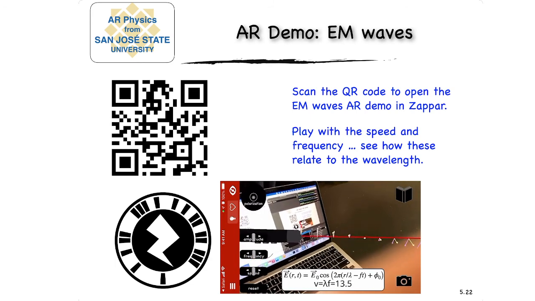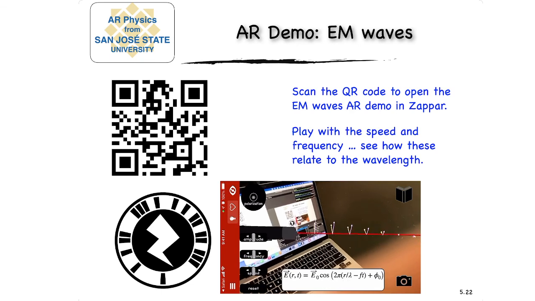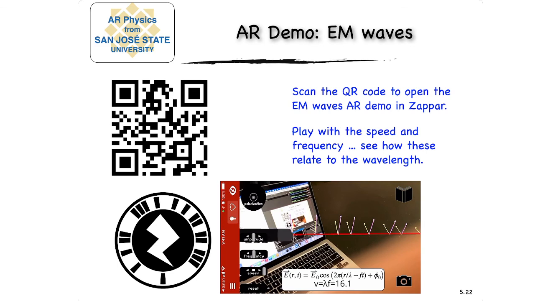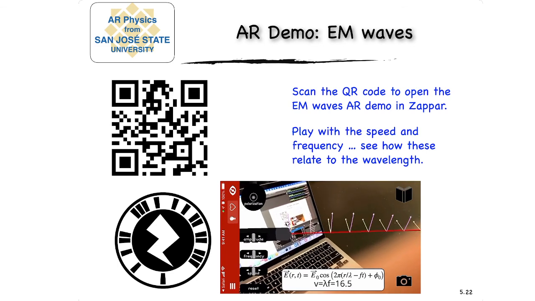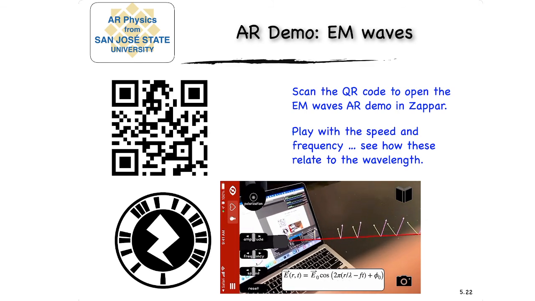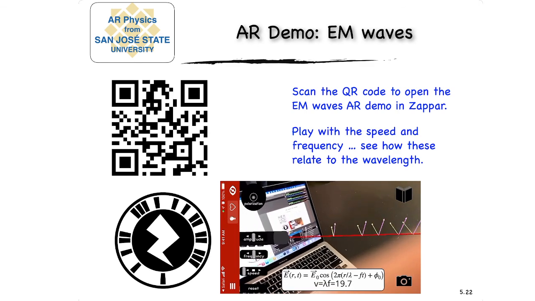Let me slow it down. Let me speed it up. If we look at the visual, clearly the wavelength is changing. When it's traveling faster, we get a longer wavelength. When it's traveling slower, we get a shorter wavelength.